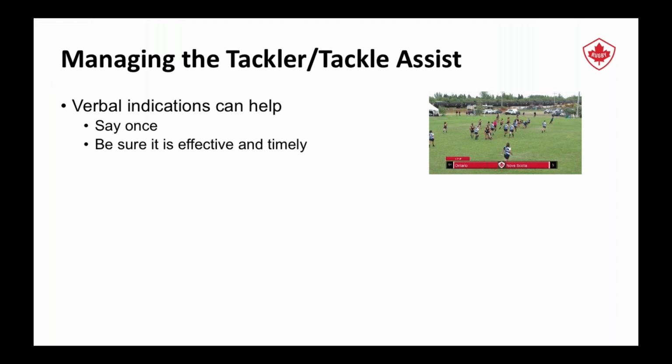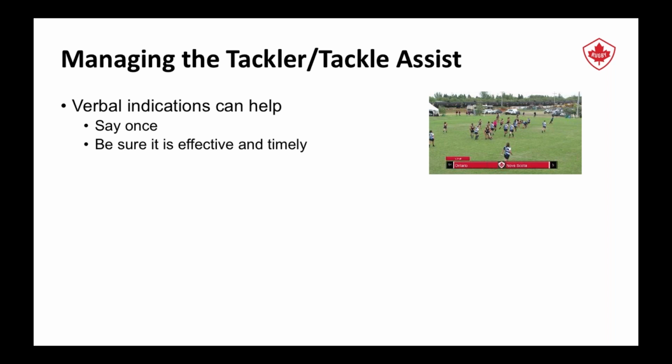So that's a really good example of a referee just using one word to help players understand, okay, well, what is my role now? So once a tackle has been complete, those who are holding onto the ball, whether it's a tackler or a tackle assist, should know that their role now is to release the ball and to move away if they're on the ground, or to come through the gate if they're a tackle assist.